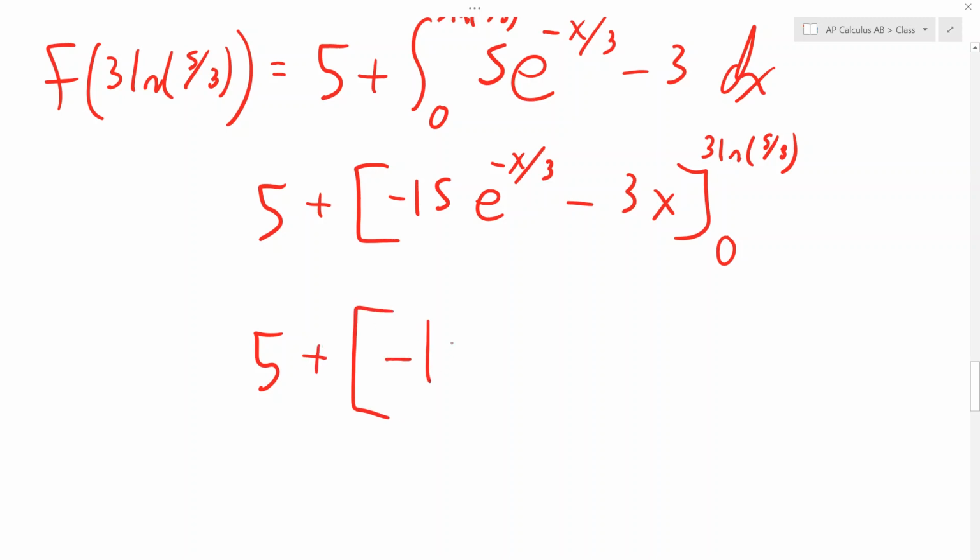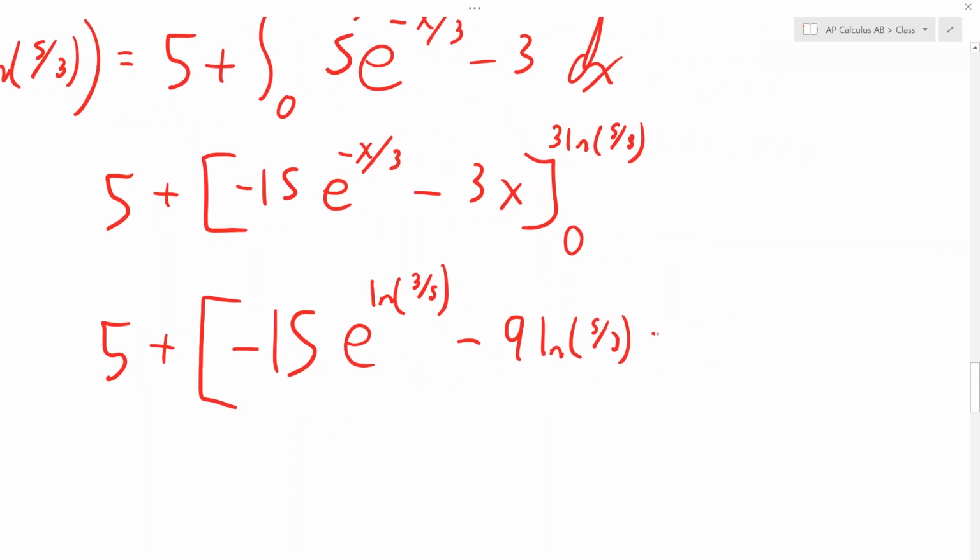And you have to plug it in, which I know you don't like, but it's not that bad. If I plug 3 ln 5/3 in here, does it make sense that the 3's are going to cancel? And the negative out front, I can make the exponent, so it's really going to be e to the ln of 3/5, which is just 3/5. Minus 9 ln 5/3, minus, if you plug in 0, you get negative 15 minus 0.